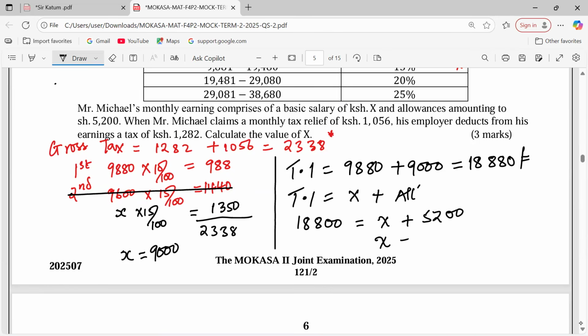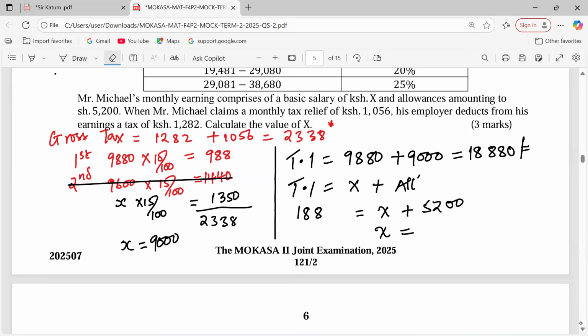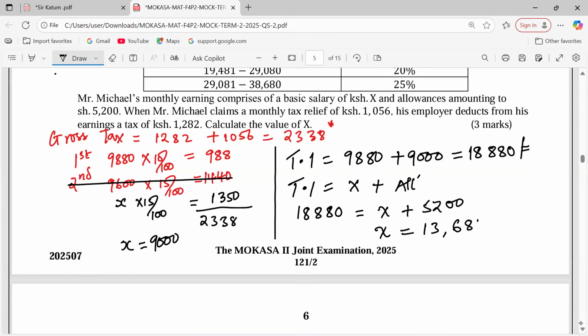So to remain with X, we need to pick 18,880, not 18,800, sorry for this. 18,880, then we subtract 5200. This gives us 13,680. Yeah, 13,680 that way.